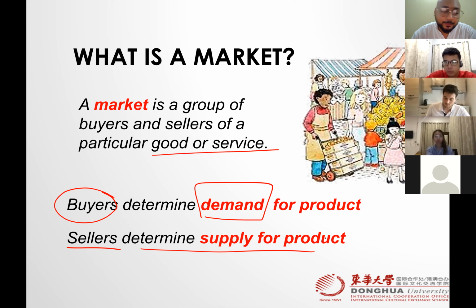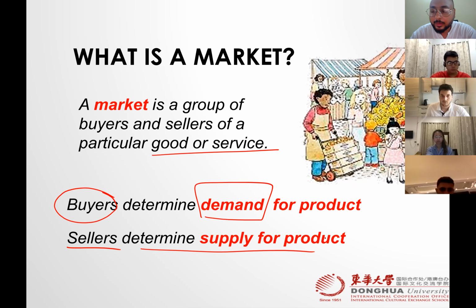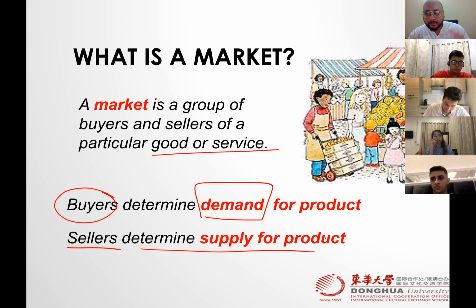So if you have this kind of question, why does this store have 30 bags of detergent? Why does this store have 100 units of soap? Why 300 pieces of bread? Why not 500? Why not 100? It means there is some kind of mechanism in the market.